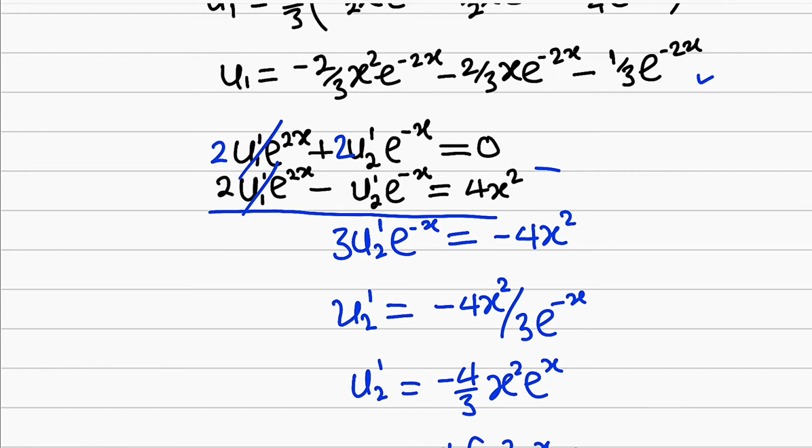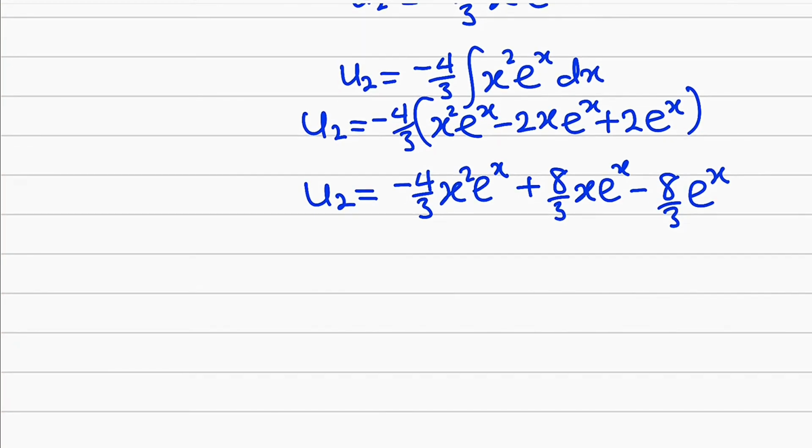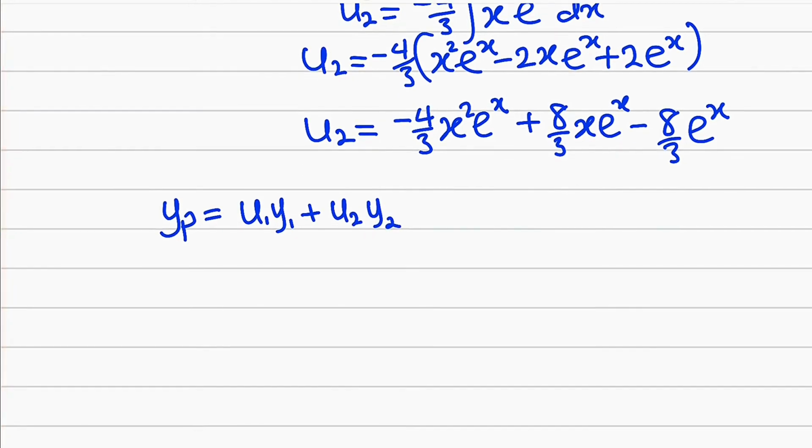Now what we are going to do next is to substitute them into this equation. Y sub p equal to u1 multiplied by y1 plus u2 multiplied by y2. But remember that y1 is equal to e to the 2x and y2 is e to the negative x.